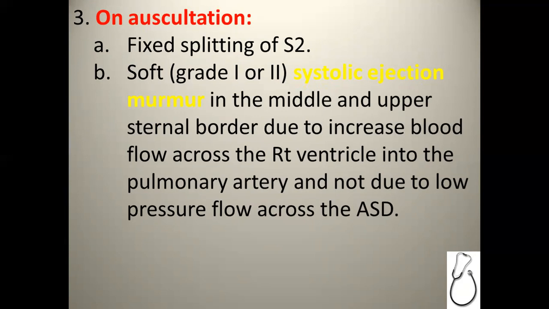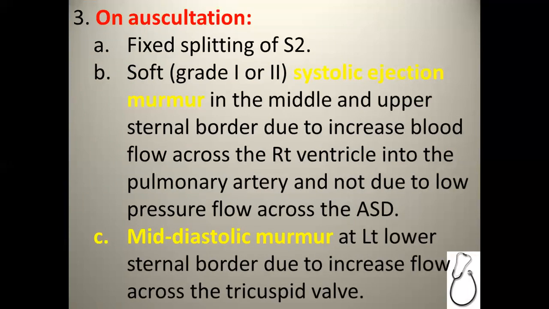The murmur heard is a systolic ejection murmur at the middle and upper sternal border due to the increased blood flow across the right ventricle into the pulmonary artery, meaning through the tricuspid valve, and not due to the ASD. We have a mid-diastolic murmur at the lower sternal border due to the increased flow across the tricuspid valve.